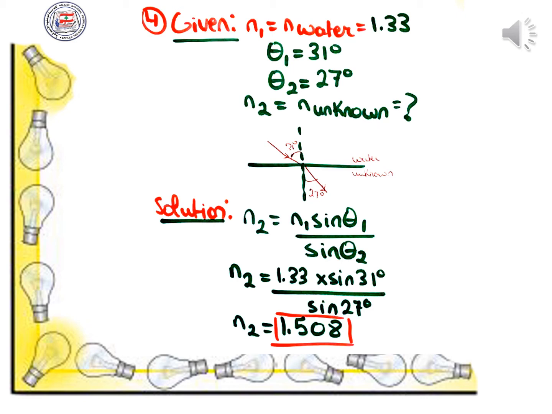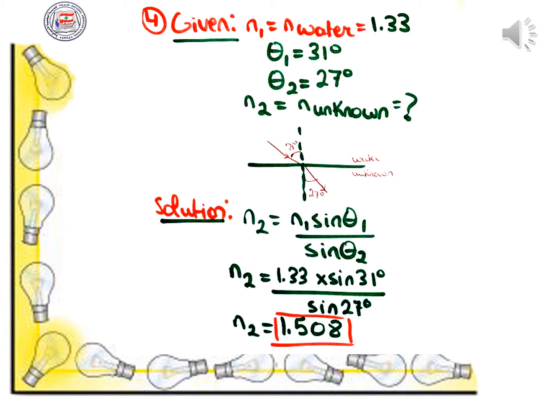Angle of incidence, which is angle 1, is equal to 31 degrees. Angle of refraction, which is angle 2, is equal to 27 degrees. And they want us to find the index of refraction of the unknown material. So first we can draw the figure to make the problem simpler for us to solve. So we can see light passing from water into the unknown material.